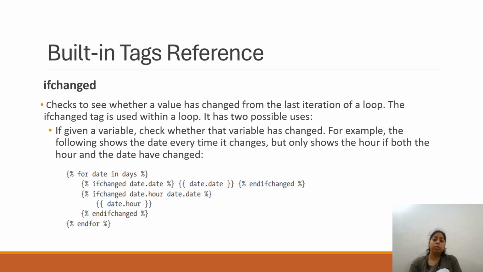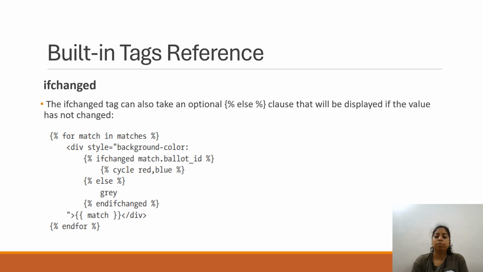The second possible use is with a given variable, which checks whether the variable has changed. For example, the following shows the date every time it changes, but only shows the hour if both the hour and date have changed. The ifchanged tag can also take an optional else clause that will be displayed if the value has not changed.